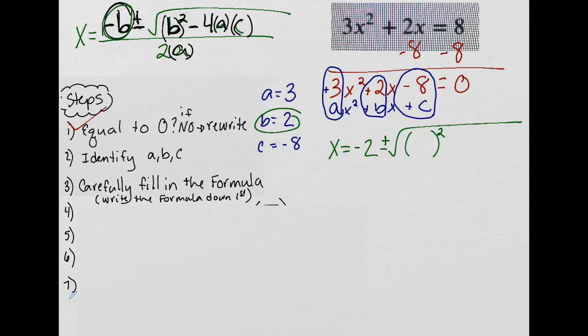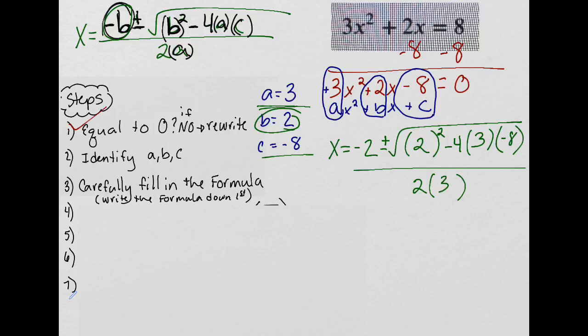Now I'm going to put in the b value of 2. And then minus 4 times a times c. So again, setting up the parentheses, now I'm going to substitute in a of 3 and c of negative 8. All over 2a. Again, variable, parentheses, then substituted in a of 3.